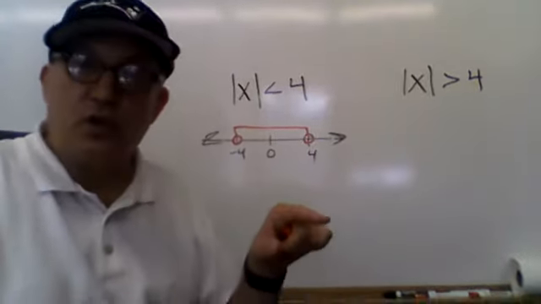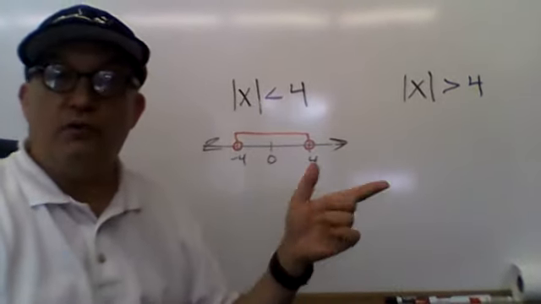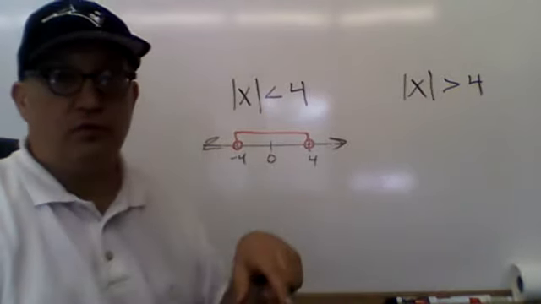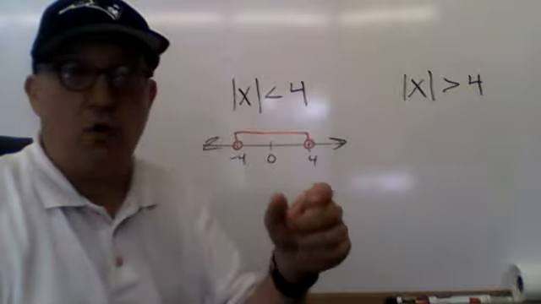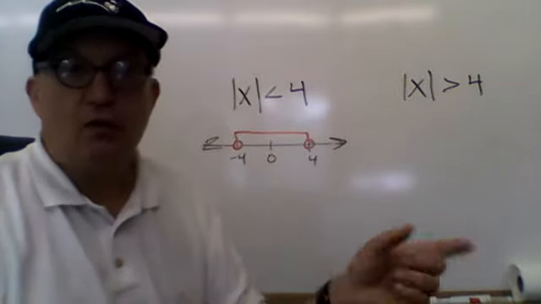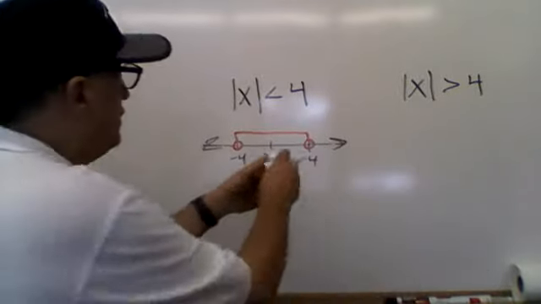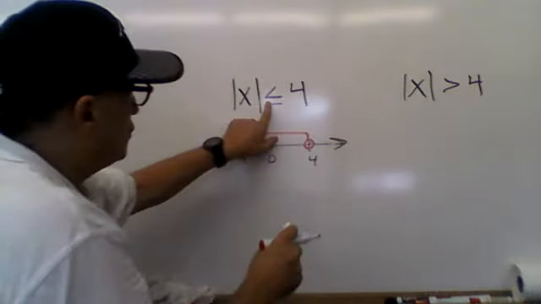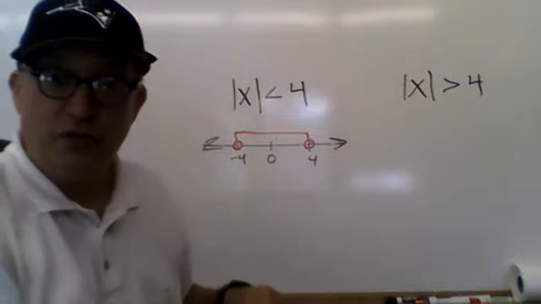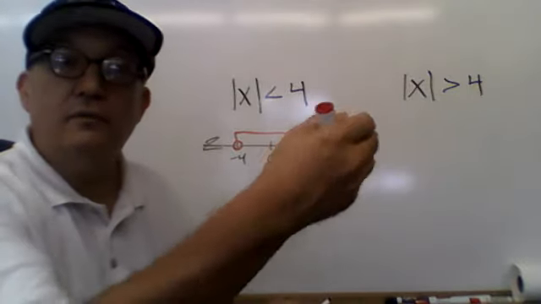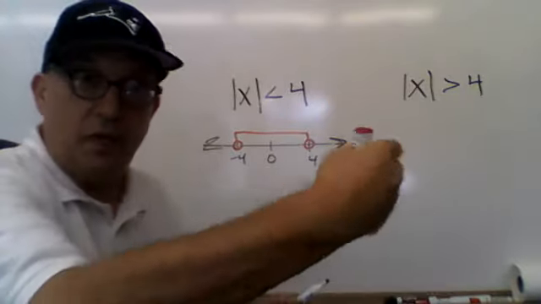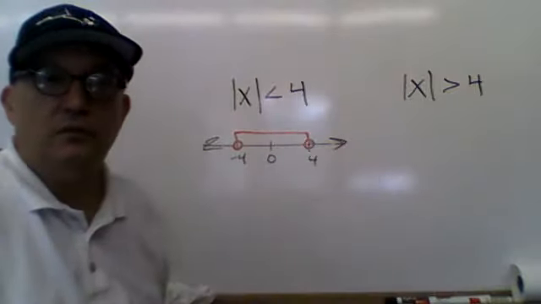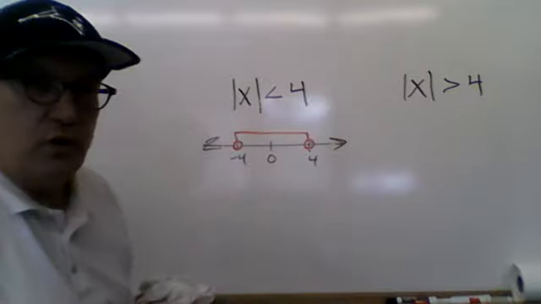Notice I put open circles at negative 4 and 4 because 4 is not less than 4 units from 0. 4 and negative 4 are both exactly 4 units from 0, not less than. If this had been "or equal to," I would have filled in those circles, because then it would be the numbers that are less than or equal to 4 units from 0.